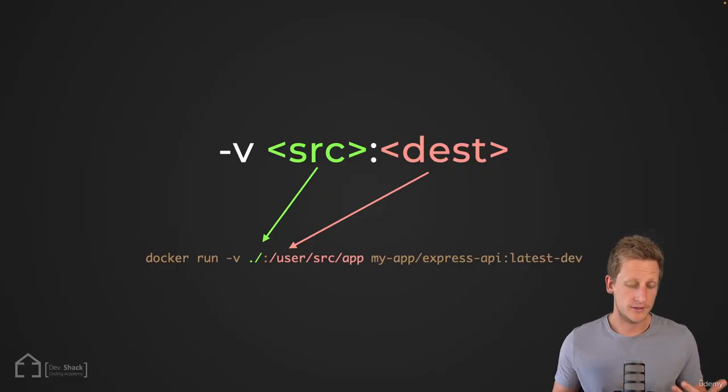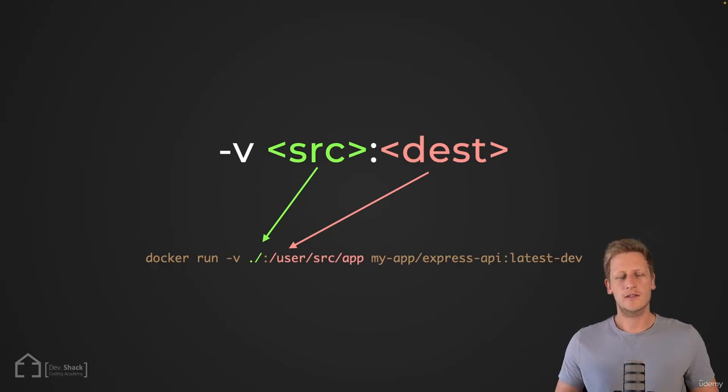But let's start turning our attention to how we actually set this up. And it's a pretty straightforward process. Once you understand the concept of volumes, a very useful tool that you can use within Docker, to set it up is super simple. All we need to do is add a -v flag to our Docker command. And so you can just remember that the v is for volume.